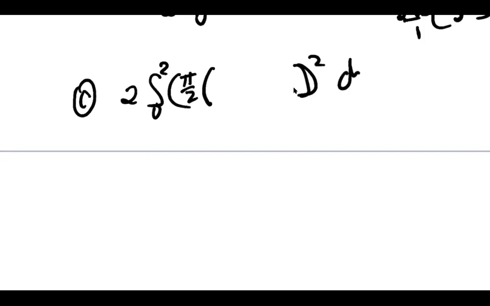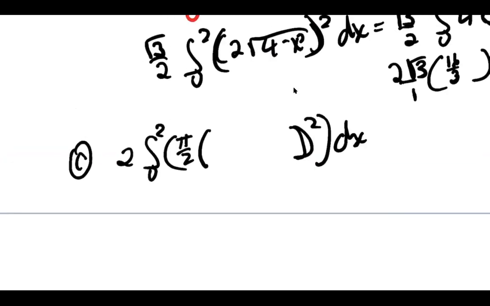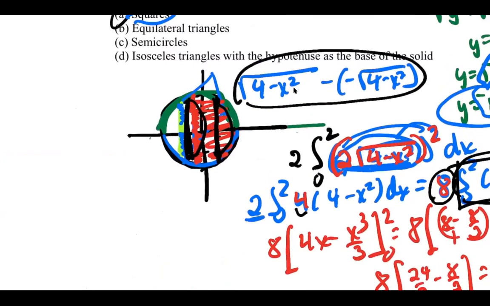All right, semicircles is going to be, I'm going to double it from 0 to 2. All right, so it's going to be pi over 2 times the radius squared dx. So I would have missed that other one anyway. Be careful because I just said it and then I almost did it myself. All right, so this whole thing, which gave us 2 square root of 4 minus x squared, this is the diameter.